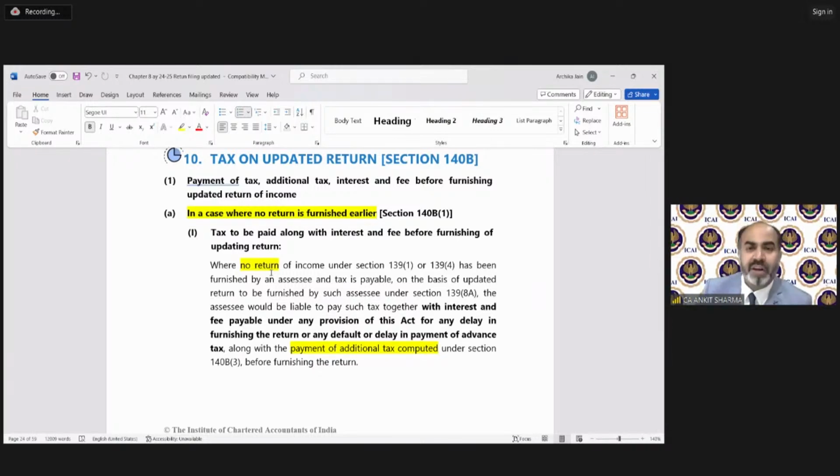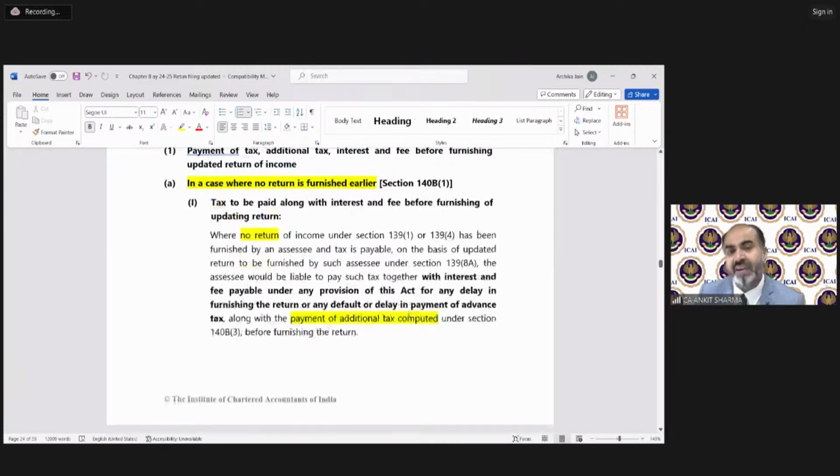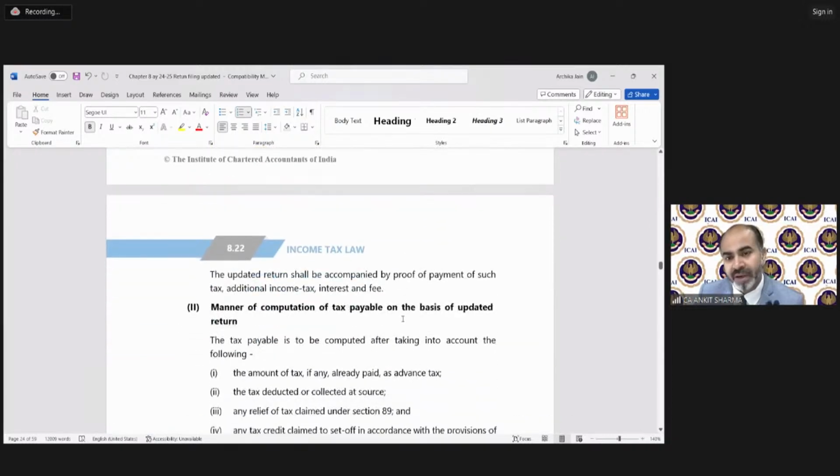Where no return of income under section 139(1) or 4 has been furnished by the assessee and tax is payable on the basis of the updated return to be furnished under section 139(8A), the assessee would be liable to pay such tax together with interest, fee, additional tax, etc. You have to pay that amount to the government.